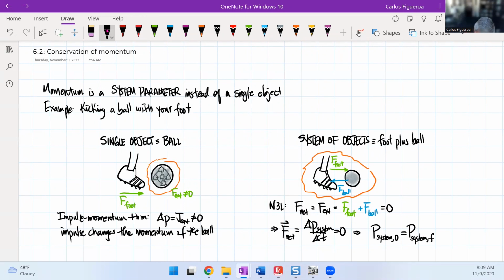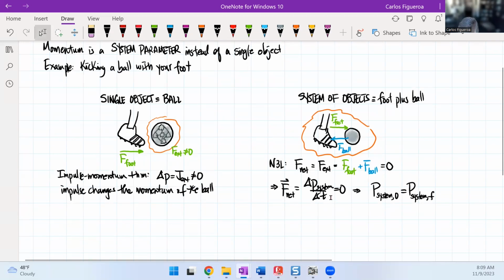So if I have an isolated ball, I have to use the impulse momentum theorem. If I have a system of objects, then there's this thing called conservation of momentum.